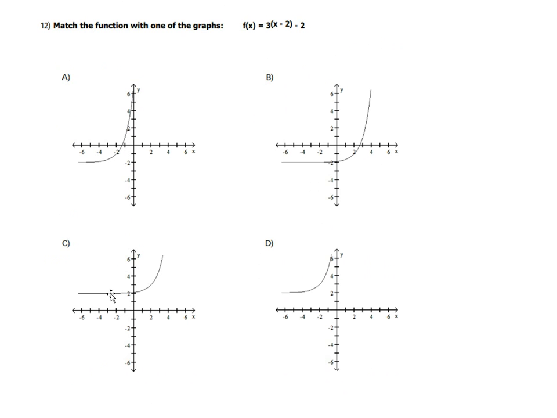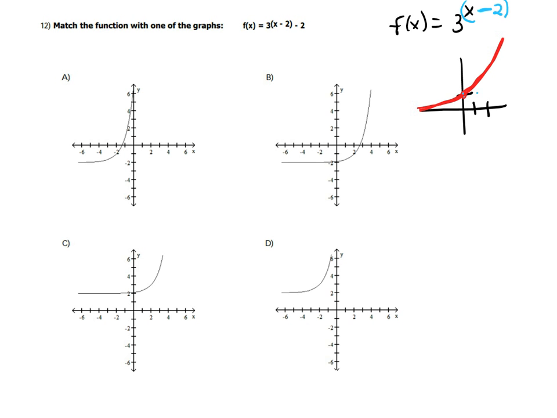Okay. F of x equals, and again, it starts off with the basic f of x is equal to 3 to the x, which goes through 0, 1 here, right? It looks like that. But then they put a minus 2 in the parentheses. So that means this is going to go 2 to the right.